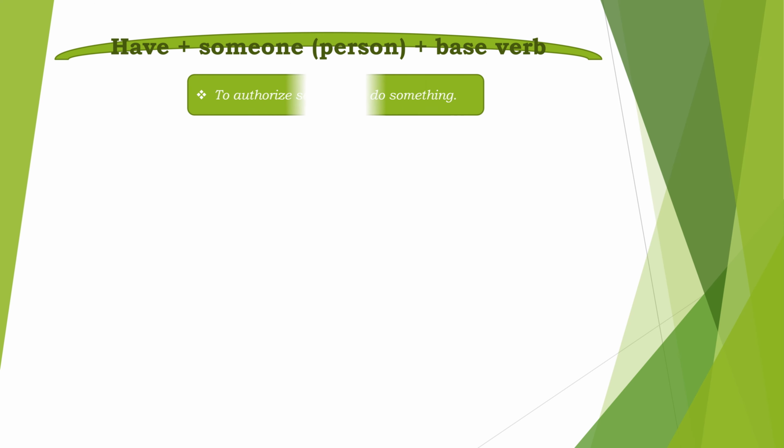Let's have a look at the reason why we use have causative verb in a causative sentence. To authorize someone to do something. We use a causative verb have when we want to authorize someone to do a task or an action for us. Or you can also say we give that responsibility to another person.